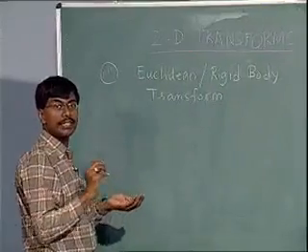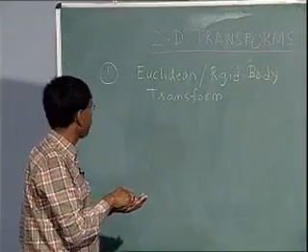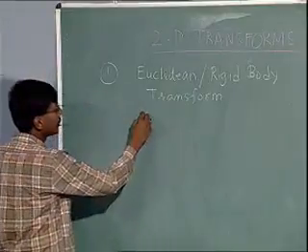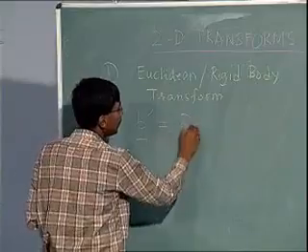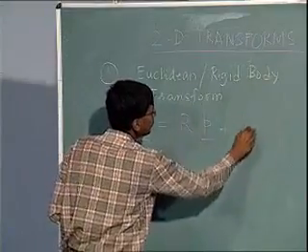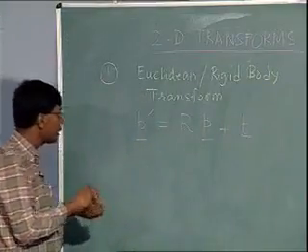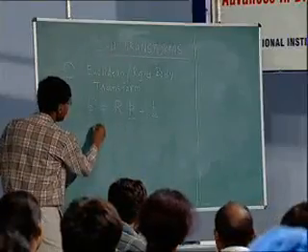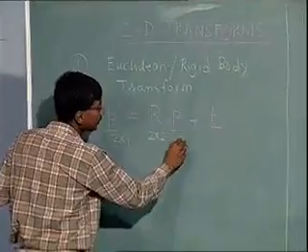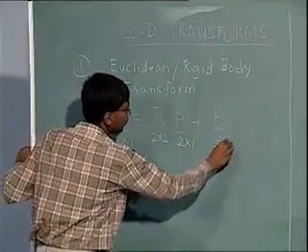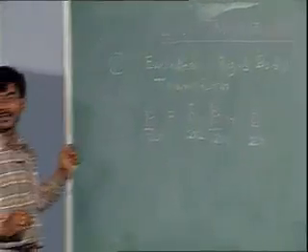How does one characterize it? If you like linear algebra, then you would like to characterize it as follows. You can say that P dash is equal to R P plus T, wherein we will do a quick sanity check. This is a 2 cross 1 vector, this is a 2 cross 2 matrix, this is a 2 cross 1 vector, this is a 2 cross 1 vector once again.